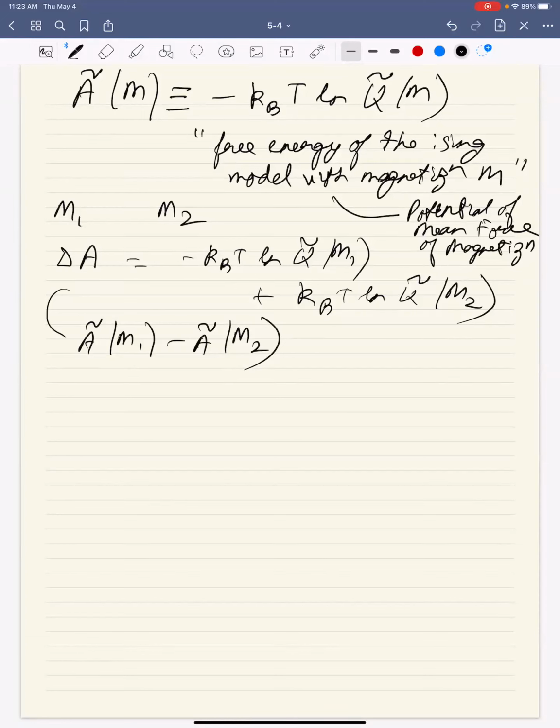As per the second law, if you have to drive the system from point 1 to point 2, and the free energy difference between them is delta A, the work done to take the system from 1 to 2, is it going to be smaller than delta A, equal to delta A, or larger than delta A? Greater, because of dissipation, right? You're going to lose something.